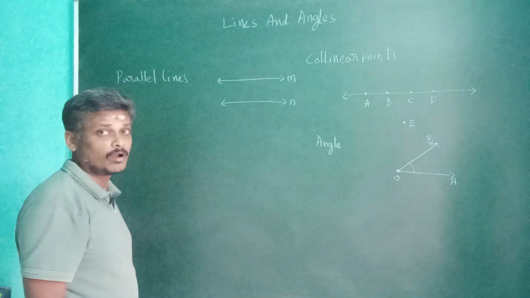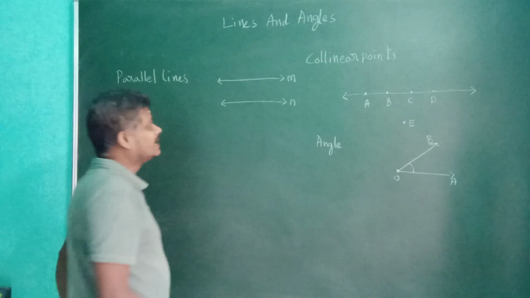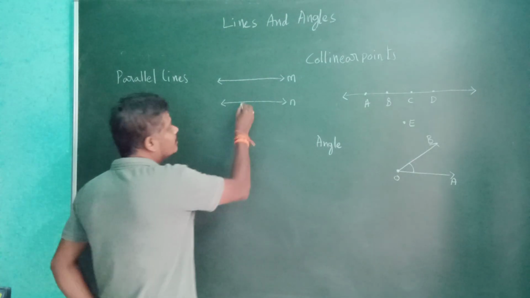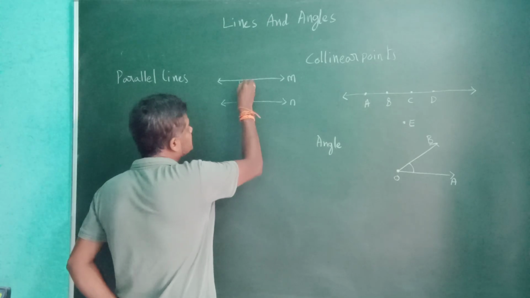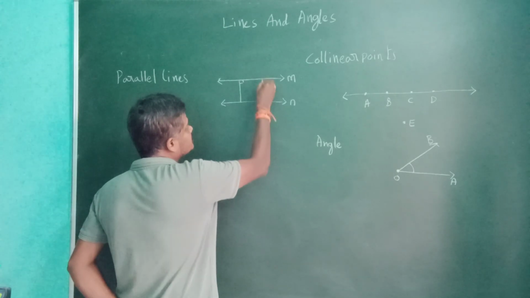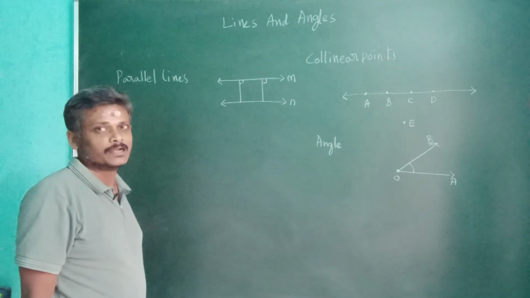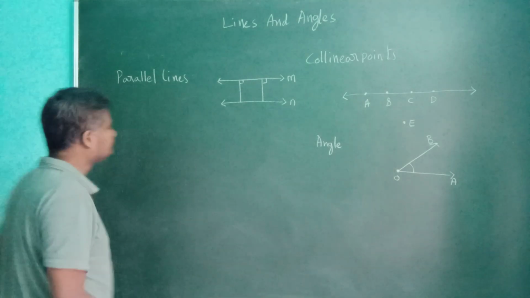Perpendicular distance means the shortest distance between the lines. This is the perpendicular distance or shortest distance. If it remains the same, then these two lines M and N are parallel lines.